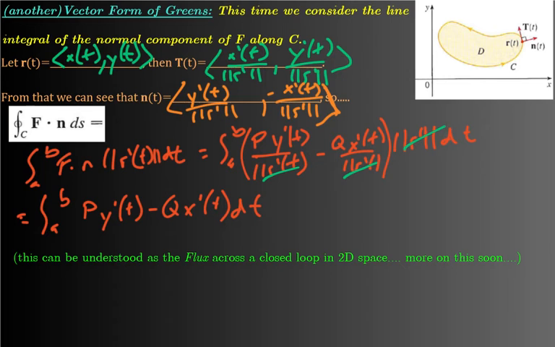And if you think about what that's saying, in this r prime right here, you really have dy dt, and this is dx dt. And so if you're multiplying this whole thing by a dt right there, then the dt's would go away.